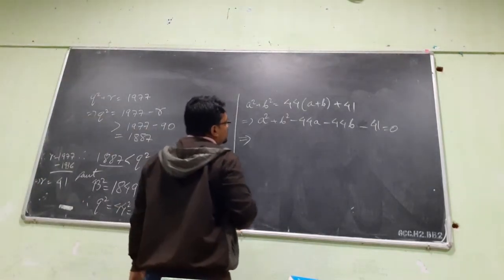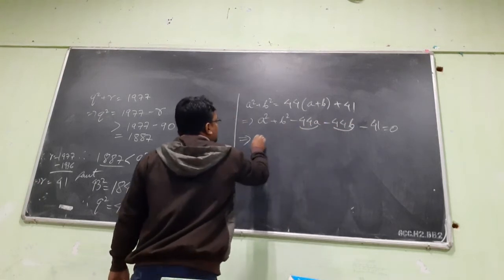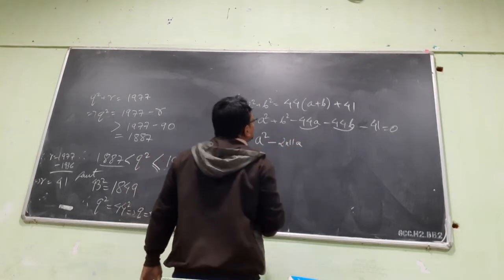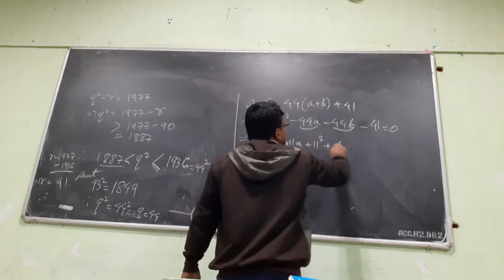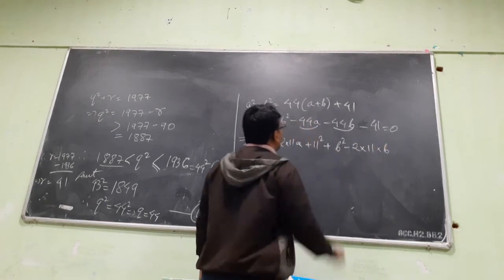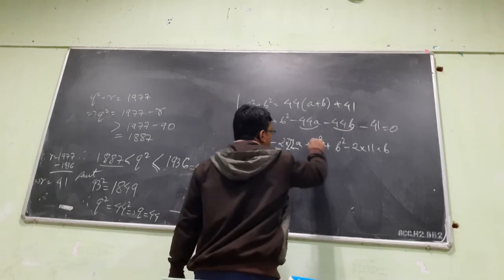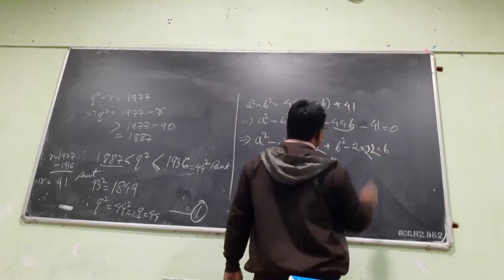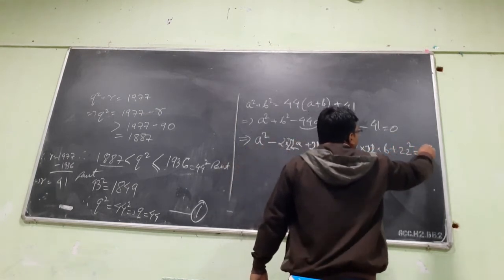So we can combine a square minus 2 into 22 into a, so this will be plus 22 square, and b square minus 2 into 22 into b plus 22 square equal to 41.